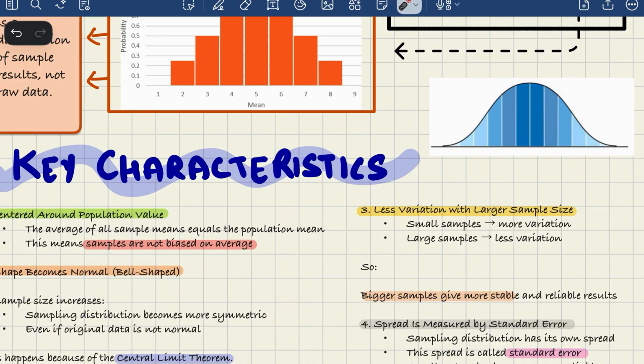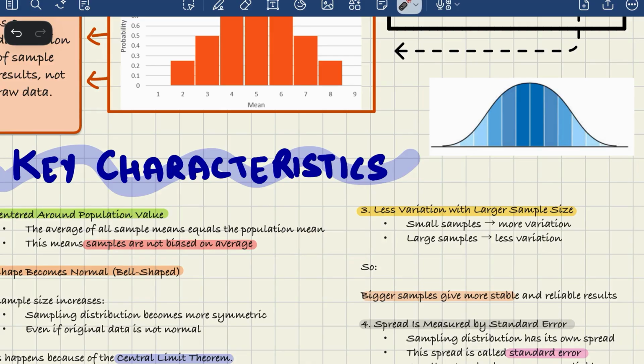Standard error measures how much the sample mean fluctuates from one sample to another. For example, one sample mean is 5 and another is 10. How much is the fluctuation? There is a 5-point fluctuation between those. So the standard error calculates the fluctuation from one sample to another. It tells us the expected variability of a sample estimate.